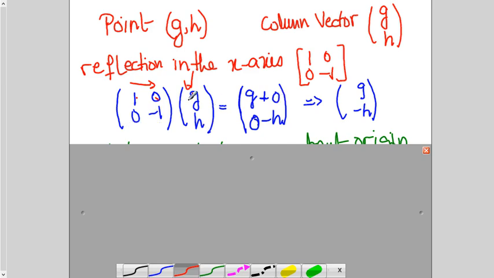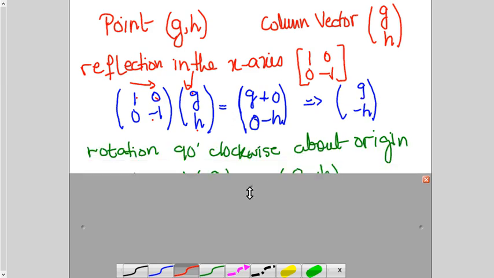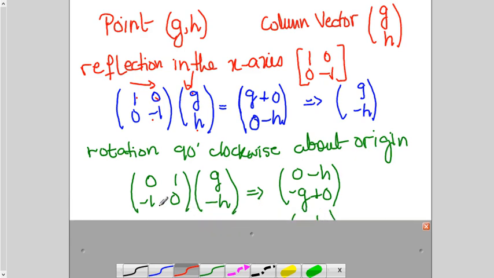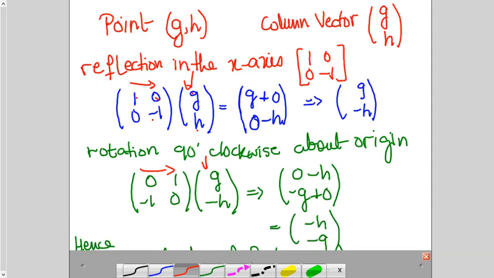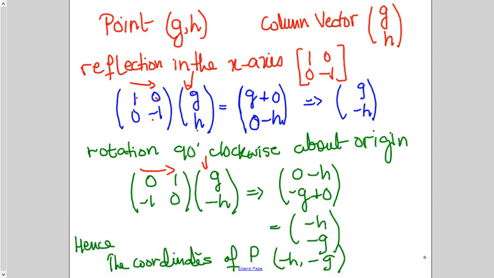Then 0 into G plus -1 into H. Now after this, I have to multiply this point by the 90-degree clockwise rotation. Okay. Again, I'm multiplying it by this. And remember, points which are in the column vector form are always written after the matrix. Okay. So now after multiplication, I saw it is -H, -G column vector.